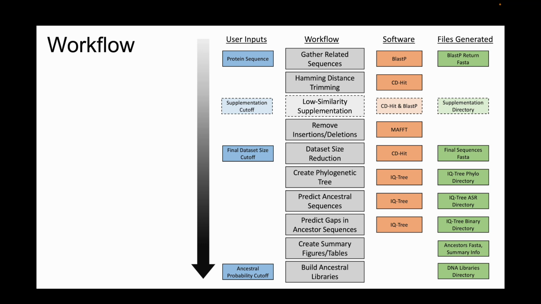Once these sequences have the desired diversity, then we can align these sequences using MAFFT. And then after that, IQ-Tree is used to construct the phylogenetic tree. And then using that tree, you can construct the most probable ancestor for various nodes in that tree. And then uncertainties at those nodes can be used to create these libraries.